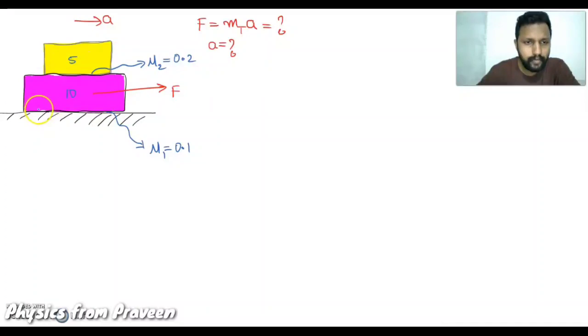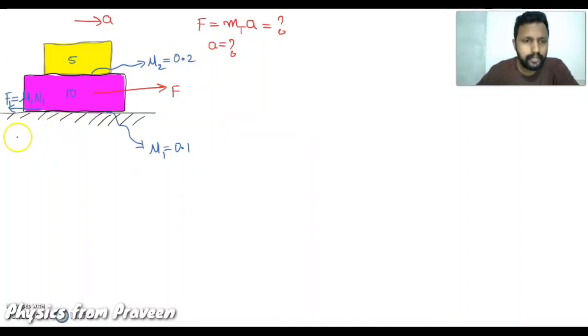Let's initially find the frictional force between the 10 kilogram mass and the ground. Let me call it F1. F1 is equal to mu1 into N1, where N1 is the normal force. Is this F1 0? No, in this case F1 is not 0.